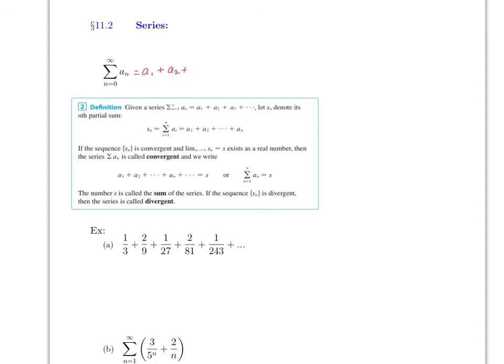Make sure you distinguish between sequence and series. These are the values for the sequence, but if you add all the values, then it's called a series. And if the sum is less than infinity, then it will be called convergent. And if the sum is infinity, it will be divergent.